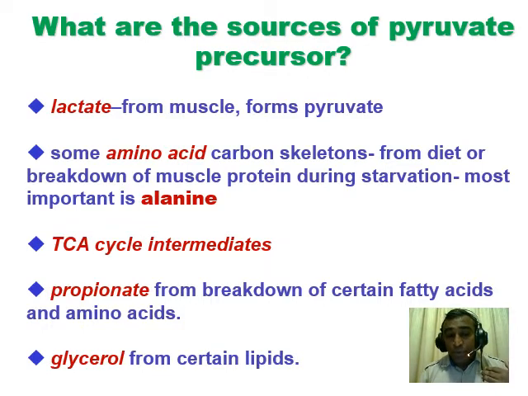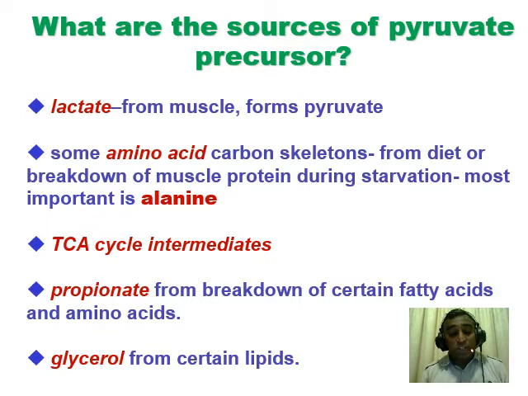Propionate is one of the products of odd chain fatty acid oxidation through beta oxidation, where it will cut 2 carbons at a time, and then you have a leftover of 3 carbons, which will be made into propionic acid, and that can enter into the citric acid cycle as succinate, and then become glucose by gluconeogenesis.